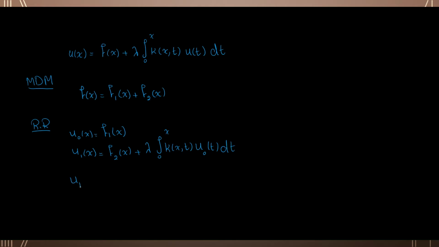So we will get the rest of the values of the summation from this relation: u_{n+1} of x equal to lambda, the integration from 0 to x, k of x and t, u_n of t dt, where n is greater than or equal to 1. Okay?